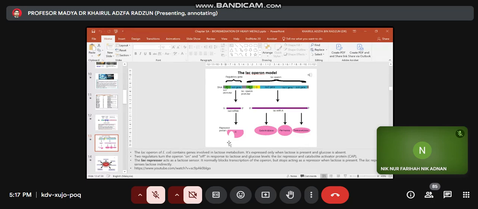So this is the controller, the regulatory gene that is needed, because galactosidase, permease, and transacetylase will only be produced when the metal is present. Once the metal is no longer present, it won't produce these enzymes anymore. The production will be stopped, and the repressor protein is important to stop the production of these particular enzymes.